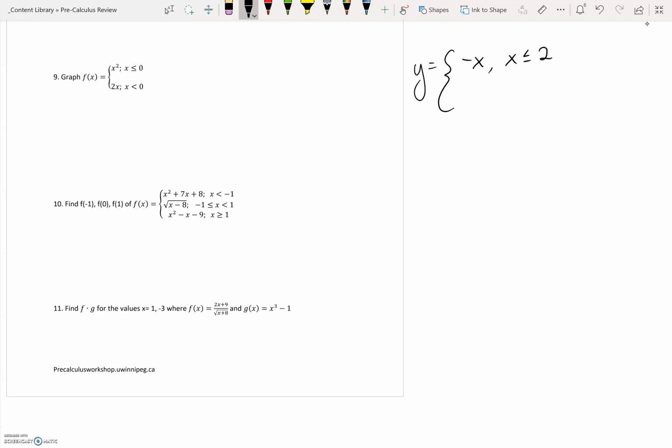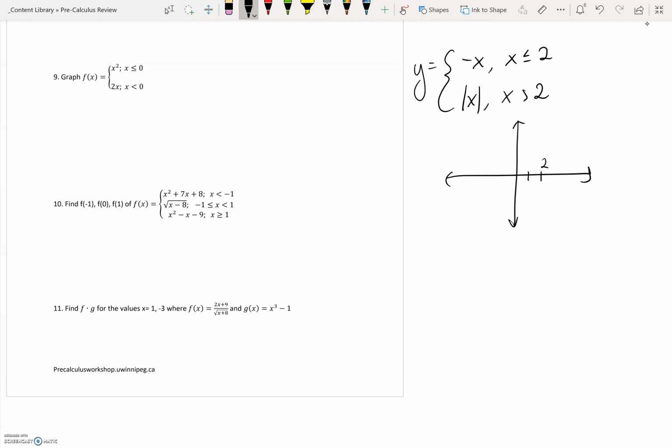And then the other side of our graph is an absolute value function where x is greater than 2. So to draw your piecewise function, you can just think of it one piece at a time. The part where our graph tends to break off is over here at x equals 2.